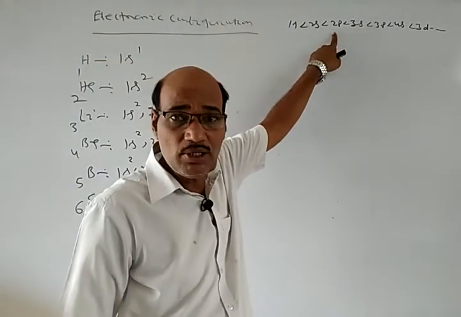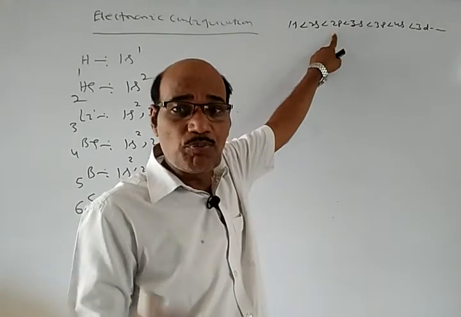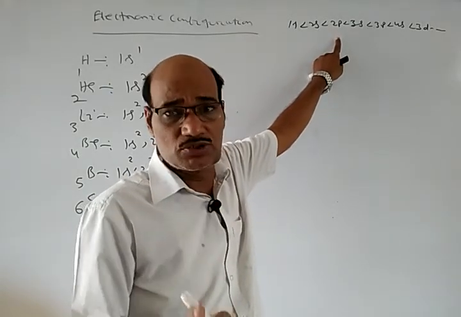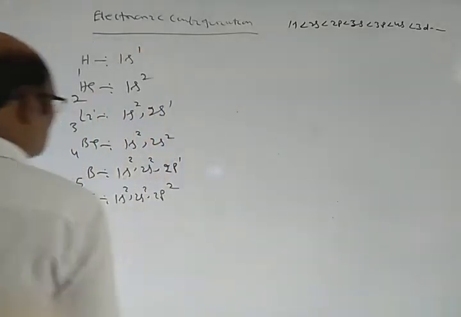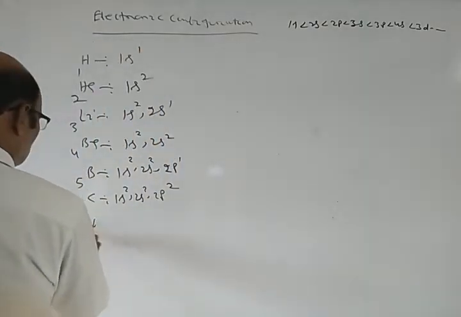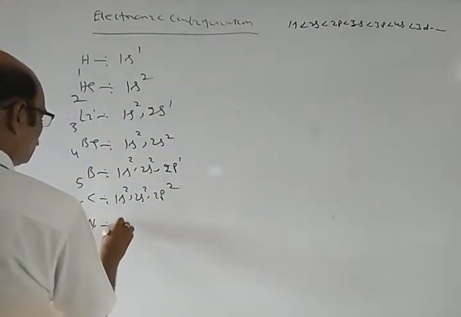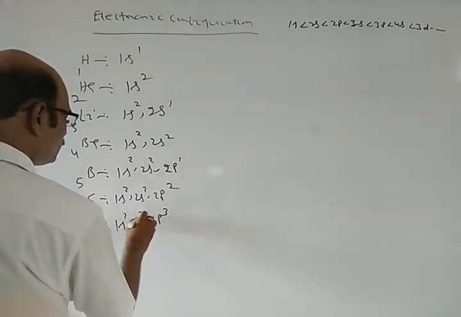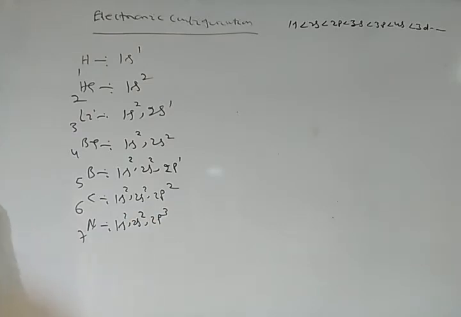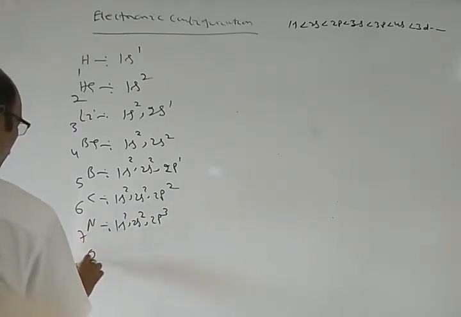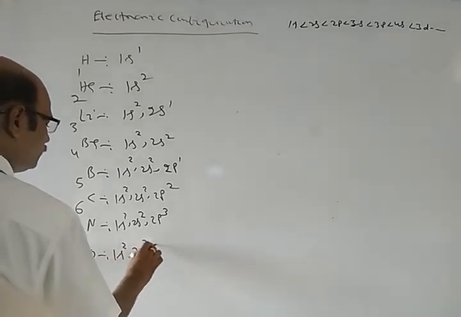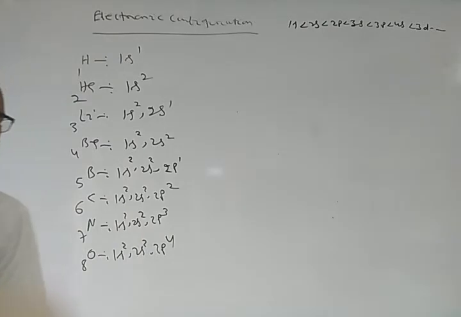Carbon 6, 1s2, 2s2, 2p2. And we know a p orbital will contain a maximum of 6 electrons. Nitrogen 7, 1s2, 2s2, 2p3. Oxygen 8, 1s2, 2s2, 2p4.